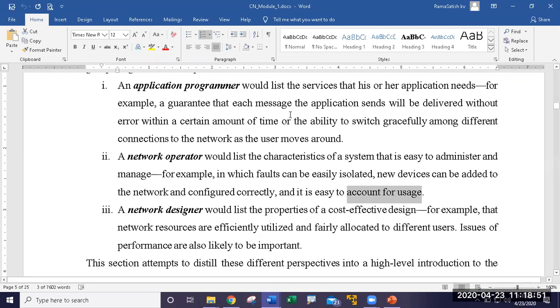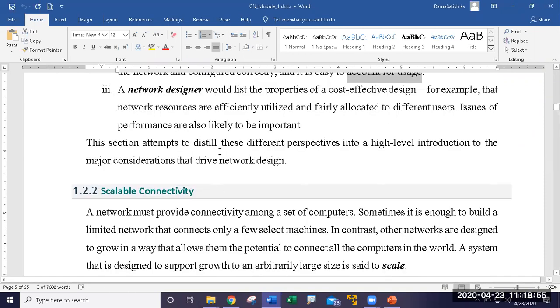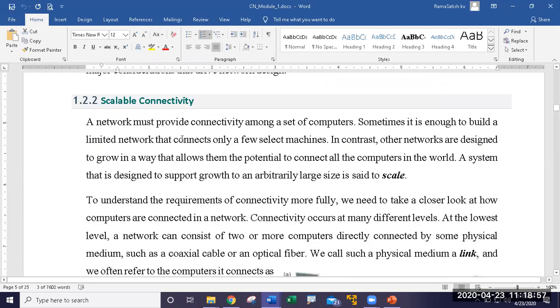The second requirement is scalability, which is nothing but how the network can be enhanced. If today only 10 users are there, no problem, the network can support 10. If tomorrow all of a sudden 20 users come, it should support that too.